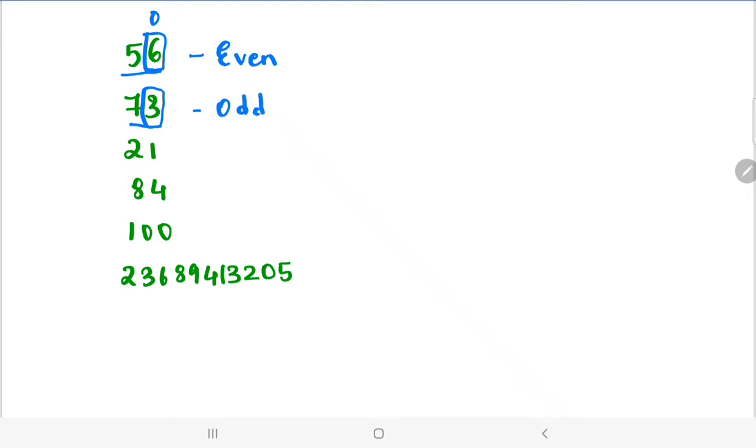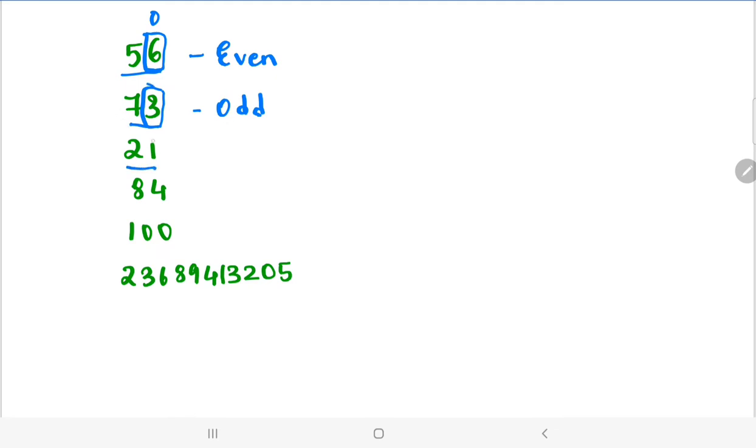Remember that whenever the number in the units place of any number is even, then the whole number, that is whole 56, will become even. Whenever the number in the units place is odd, then the whole number will become odd number.